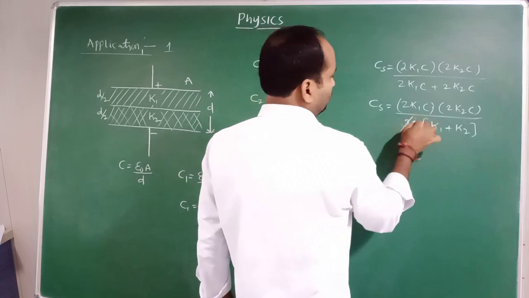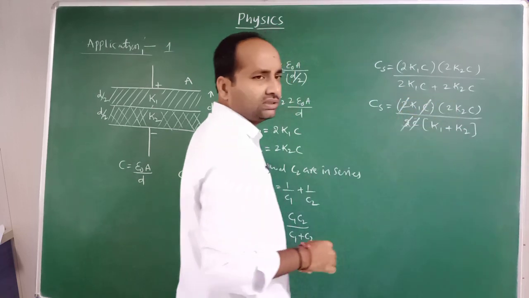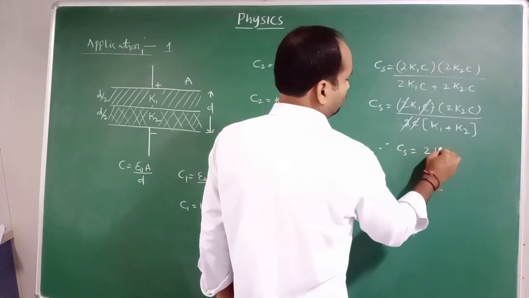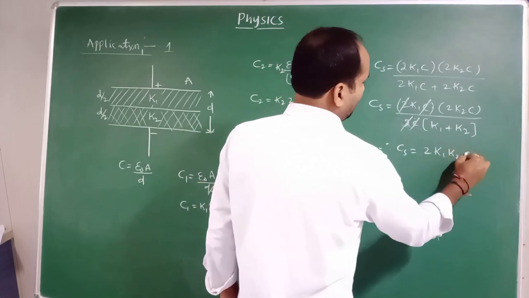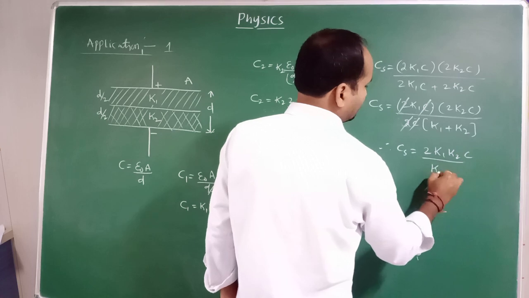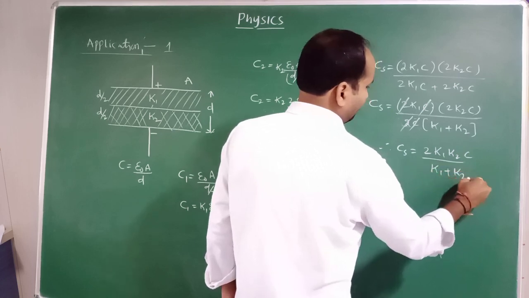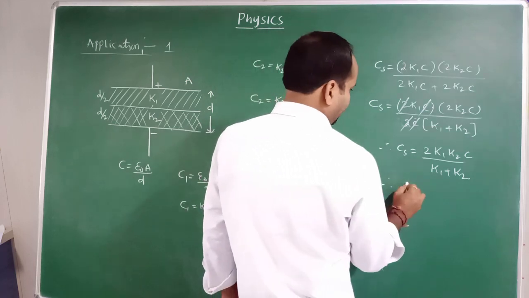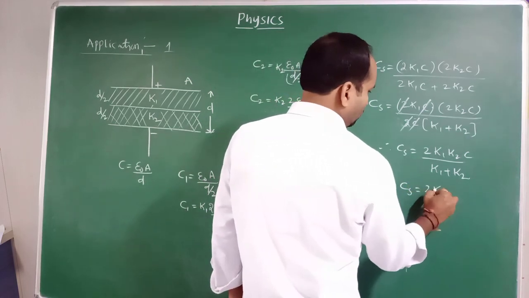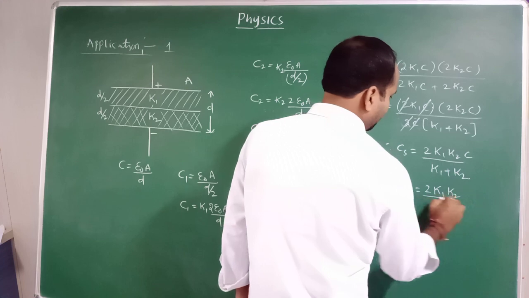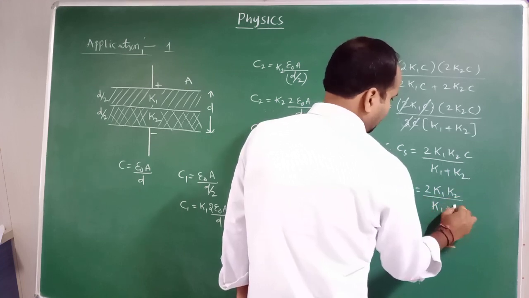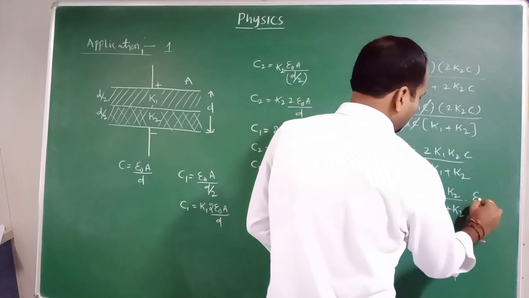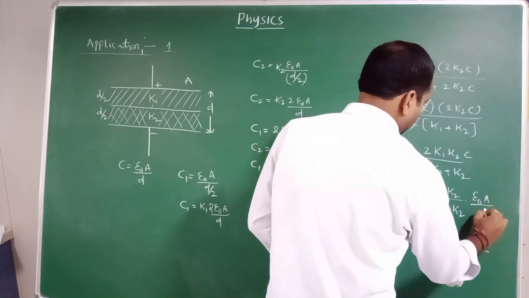Then the 2C cancels. Therefore Cs is equal to 2K1 K2 C by K1 plus K2. Therefore we may write Cs is equal to 2K1 K2 by K1 plus K2 times C, where C is equal to epsilon naught A by D.